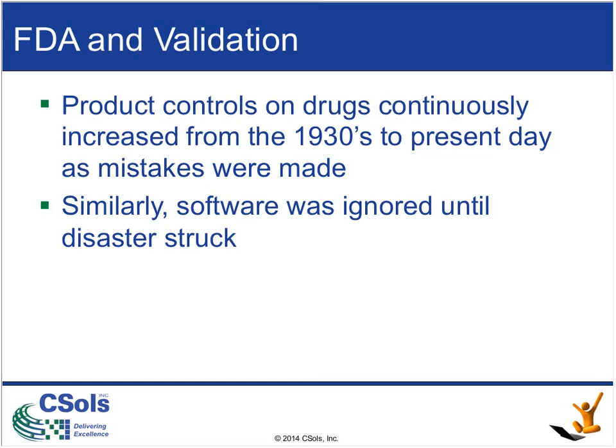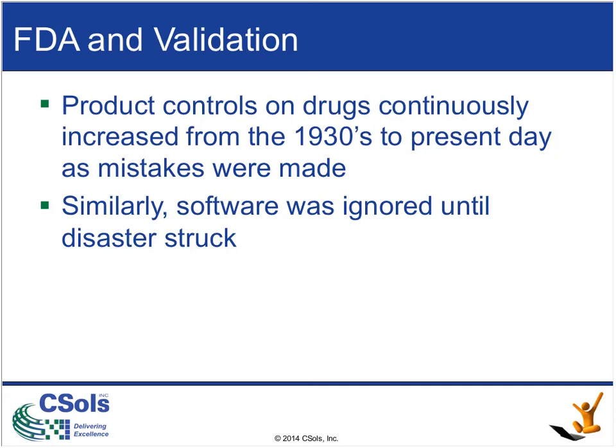In particular, in 1937, there was an elixir that contained sulfanilamide, which was a drug that was supposed to solve a bunch of your health problems. But the vendor ran out of the solvent they typically used, and they instead substituted a glycol solvent, which they didn't realize was poisonous to humans, and it killed a lot of people and created a bit of an uproar in the country.